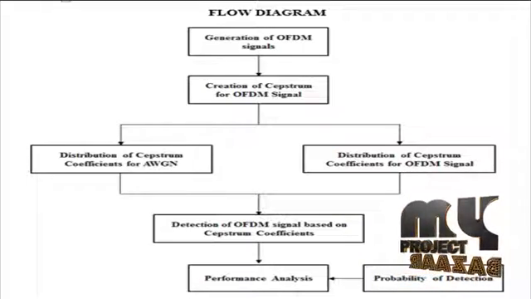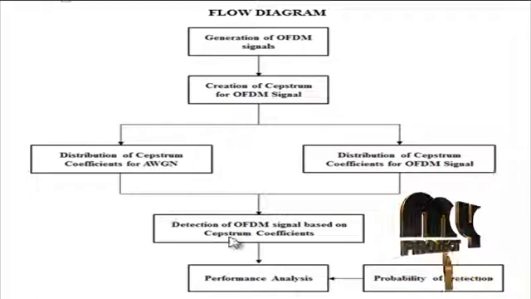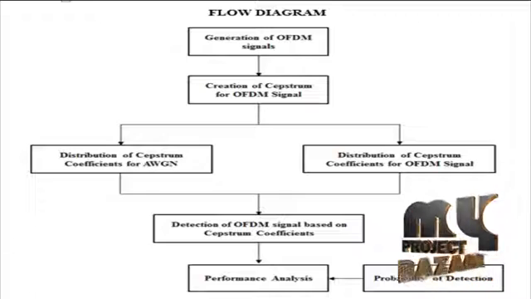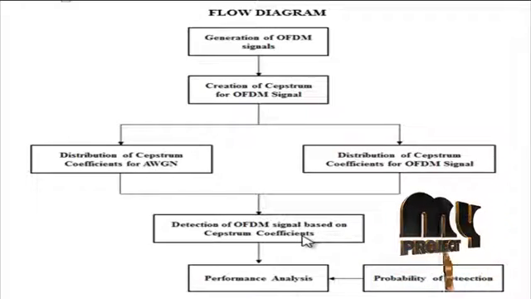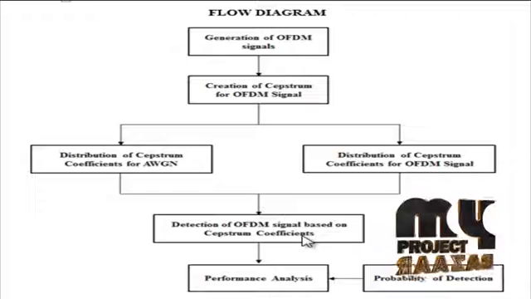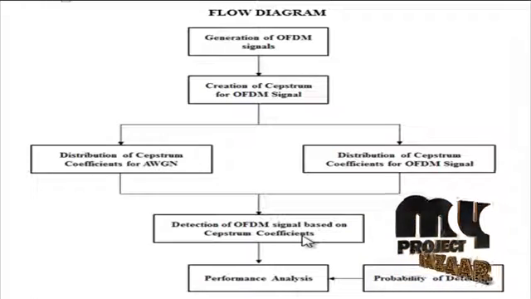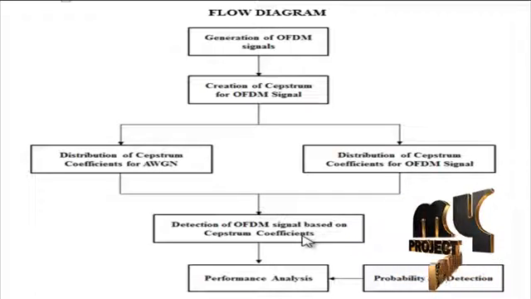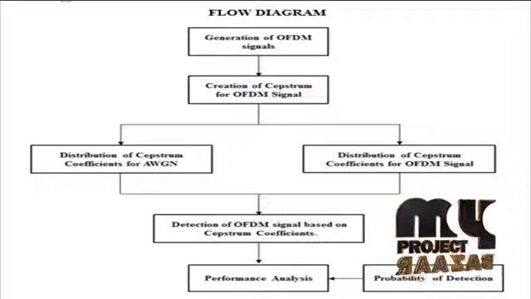Next, the detection of the OFDM signal based on Cepstral coefficients is analyzed. Once we obtain the distribution of Cepstral coefficients for AWGN and also for the OFDM signal, we calculate the detection of the OFDM signal based on the analyzed Cepstral coefficients.